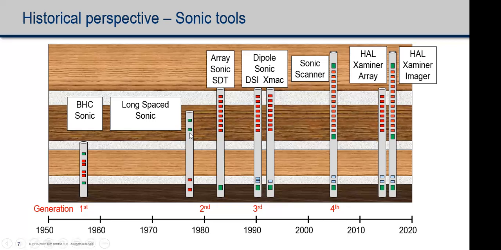So if we increase the spacing, we can get a deeper depth of investigation and be a little bit more accurate. But the spacing between the two receivers was still 2 foot, and so you had an aliasing problem, and that very quickly gave rise to an array tool where the receiver spacing was 6 inches rather than 2 feet. And virtually everything since that time has been an array tool with receivers not more than 6 inches apart.